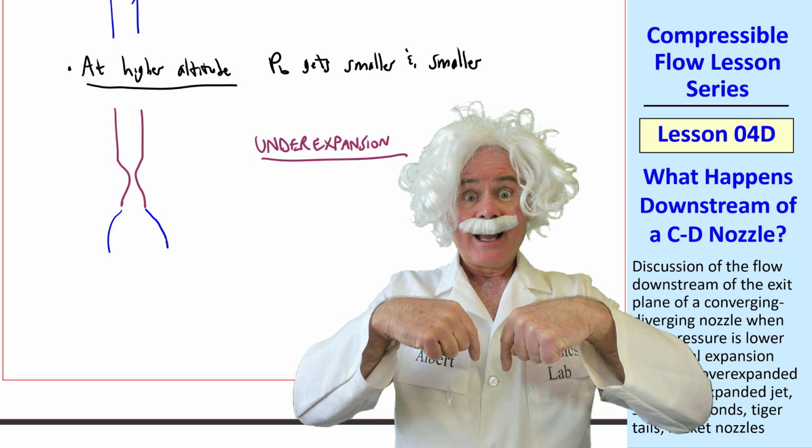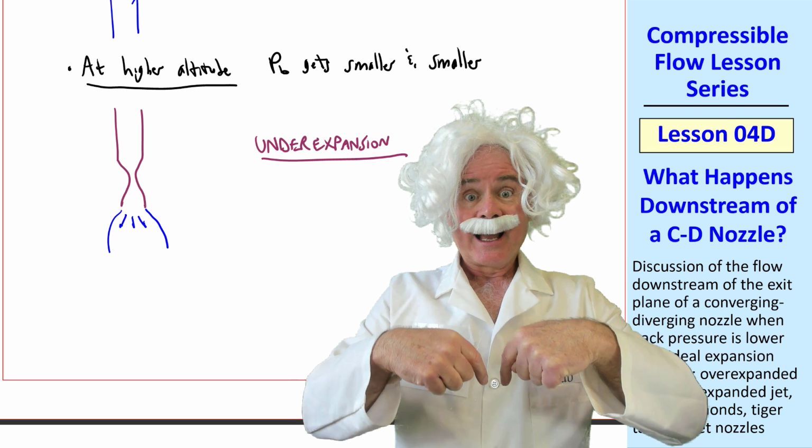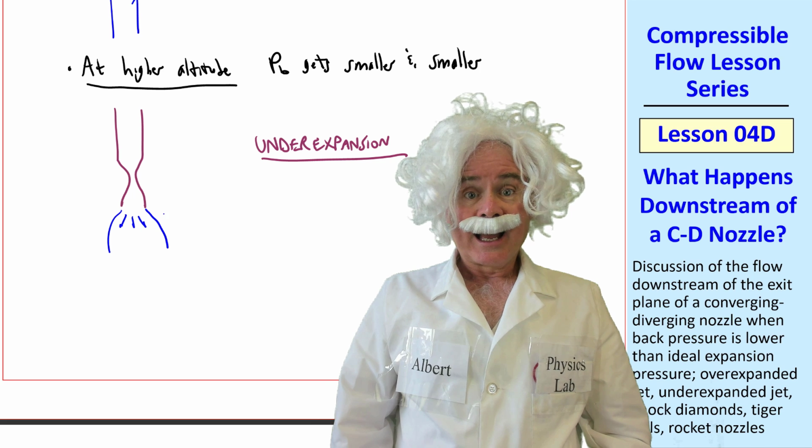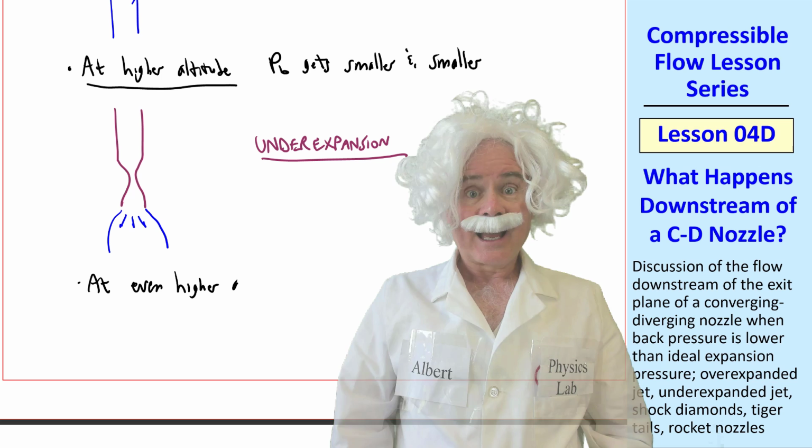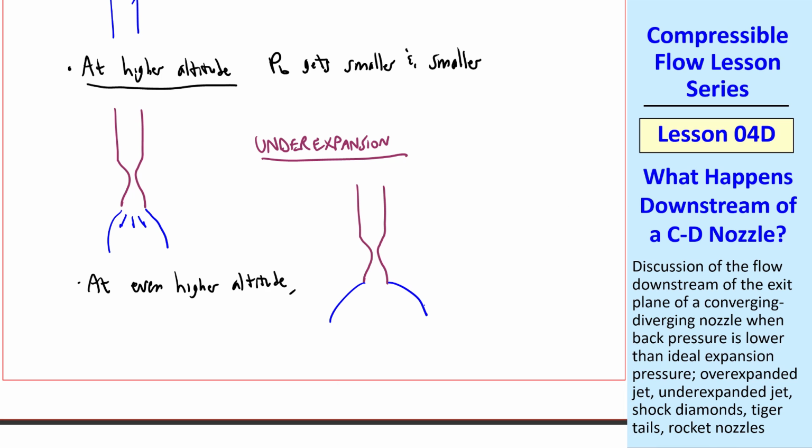Yeah? Good observation, Albert. The jet's now coming out like this, and so we don't get efficient thrust. In fact, at even higher altitude, we have a highly underexpanded jet, and the rocket exhaust is coming out at angles nowhere near straight down. We get very poor efficiency and low thrust. So what do we do?